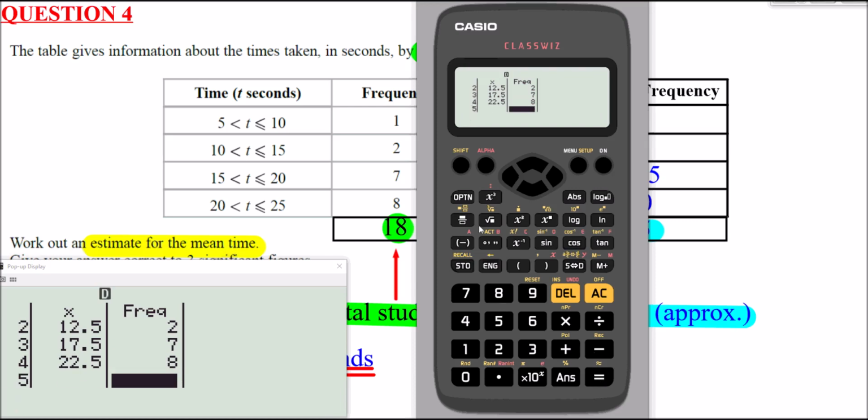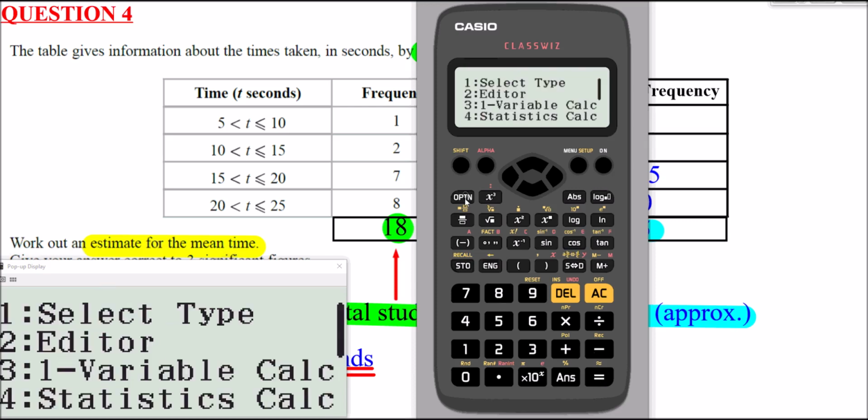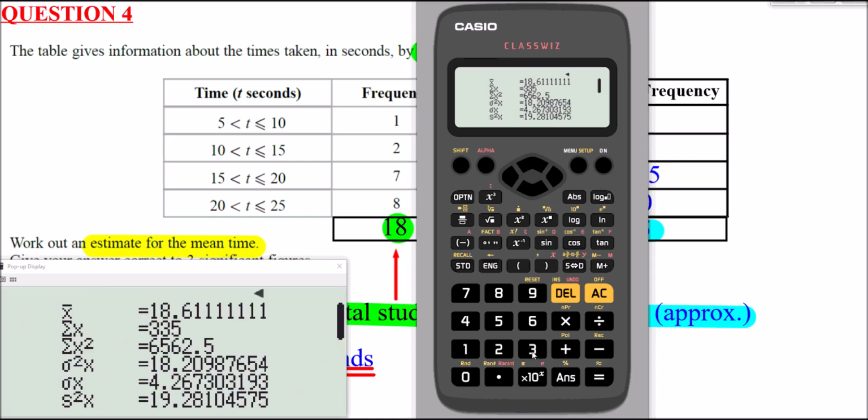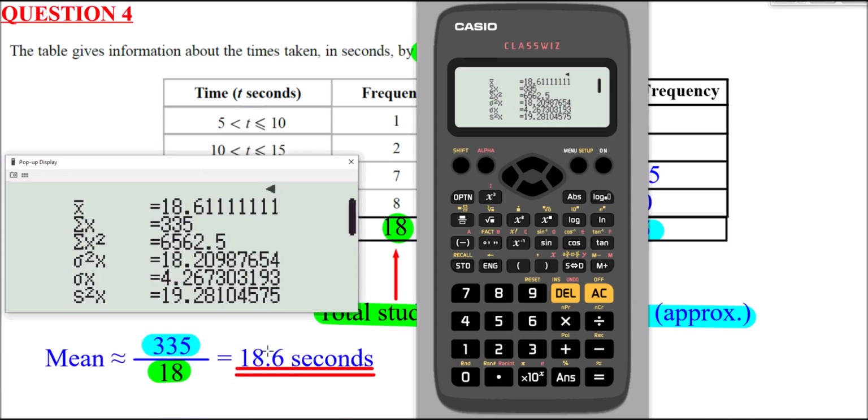Press equals, then press OPTN. Now what we're wanting here is option 3, one variable calculation. So press number 3, and then the mean is given by x with a little bar on its head. So x bar is 18.61 recurring, which to 3 significant figures is the 18.6 we got. That's how you can use it on a calculator.